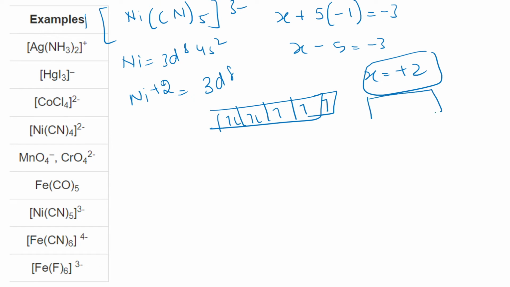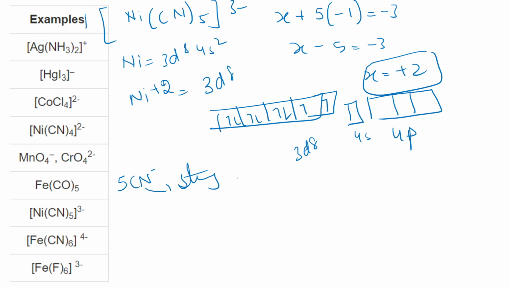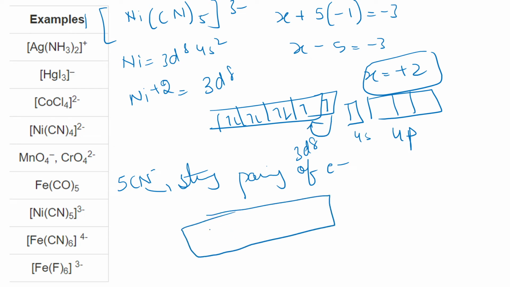Now s is vacant: 4s, 4p, 3d8. We have 5 cyanide ions. The 5 strong cyanide ligands will cause pairing of electrons. The electrons present in the d will be paired, and one empty inner d orbital will be generated.